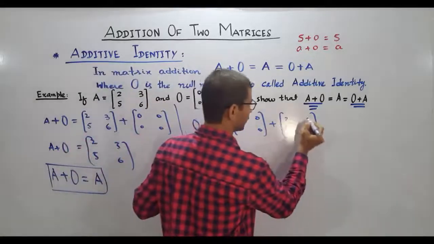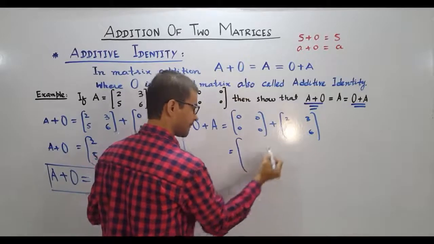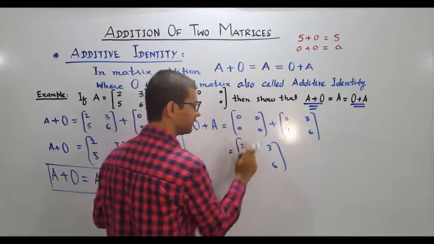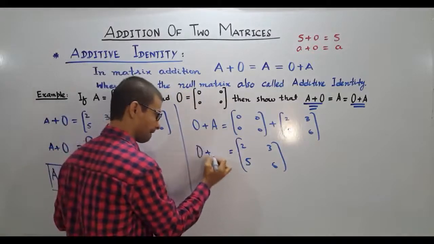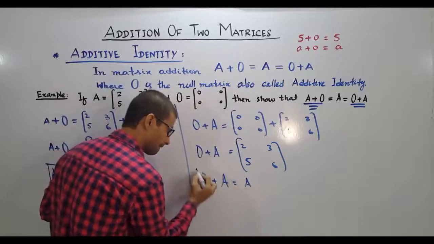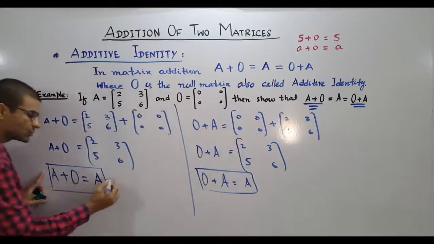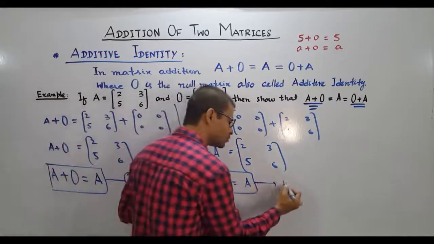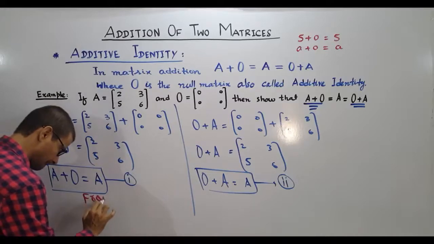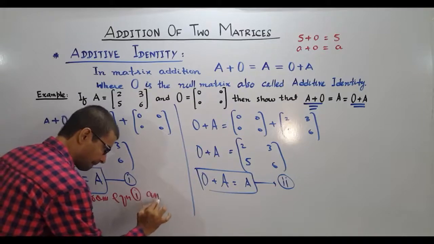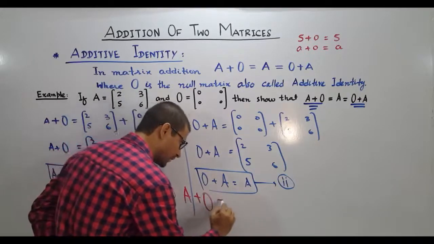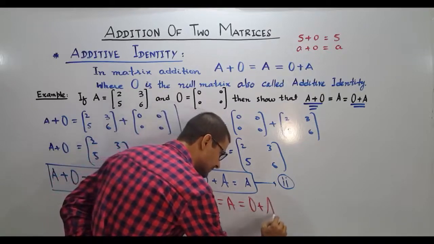A matrix is 2, 3, 5, 6. 0 plus 2, 2. 0 plus 3, 3. 0 plus 5, 5. 0 plus 6, 6. 2, 3, 5, 6 is matrix A. Students, as you observe, A plus O is equal to A. O plus A is also equal to A. So from equations 1 and 2 we can write A plus O is equal to A is equal to O plus A.